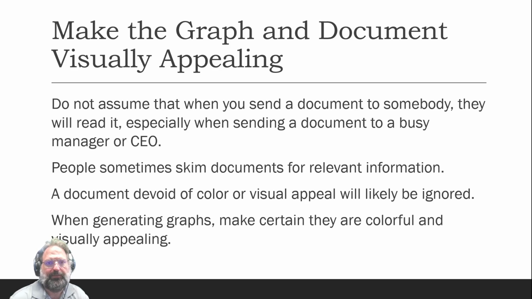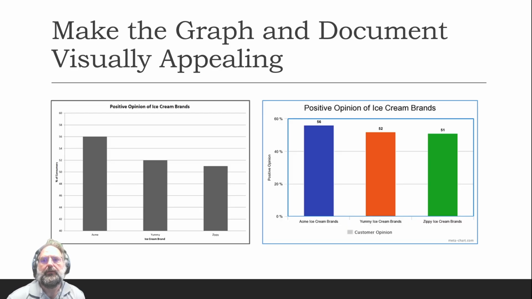People do typically skim over documents, especially if it's of any length, and even long emails as well. And if they're not appealing visually, with graphics that draw the eye and so on, people will just simply stop reading. And when you're generating graphs, make sure that they're colorful, but colorful in a way that makes sense.